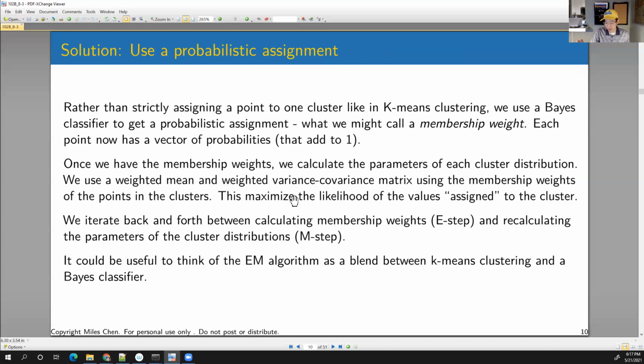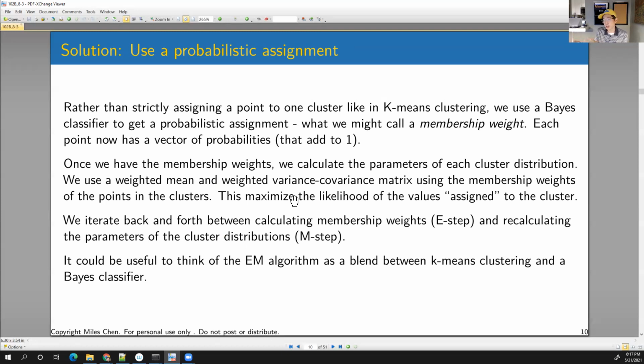Okay, and we do this and we iterate back and forth, kind of like the k-means clustering algorithm, between recalculating your membership weights and recalculating the parameters of the cluster distributions. Okay, so calculating your membership weights is known as your E step, your expectation step.